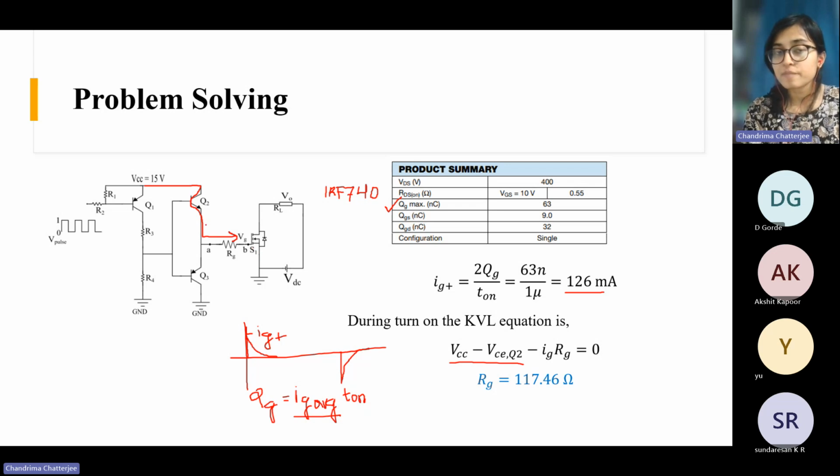You have just given the supply here, so that's why it is 0. From here you know VCC, VCE sat of Q2 is given, Ig value you just found out. You need to find RG. So this comes out to be 117.46 ohm. Okay, this is the gate resistance. Fine.